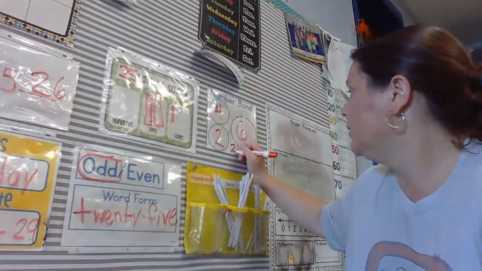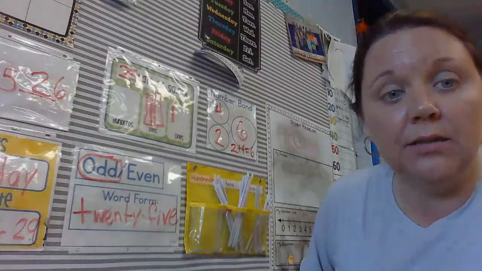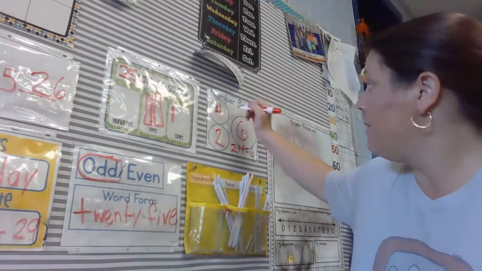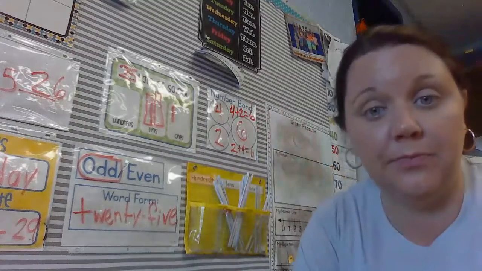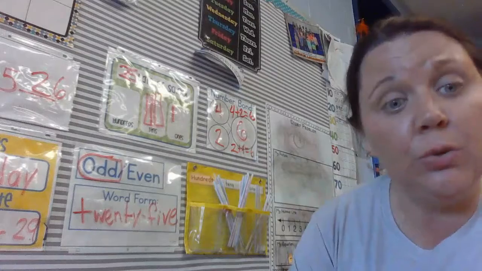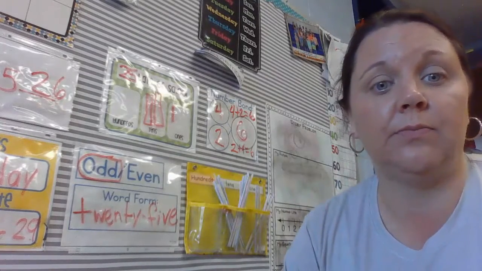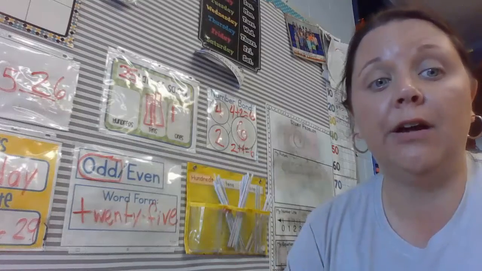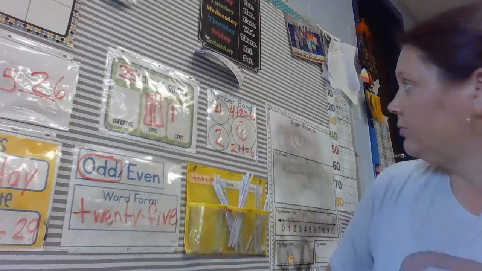Absolutely. 2 plus 4 equals 6. Can I add the other way? Absolutely. 4 plus 2 equals 6. They're partners. It doesn't matter which partner I put first. If I put 2, 2 plus 4 is 6. If I put 4, 4 plus 2 is 6. Number bonds are very helpful to help you learn to add and subtract.